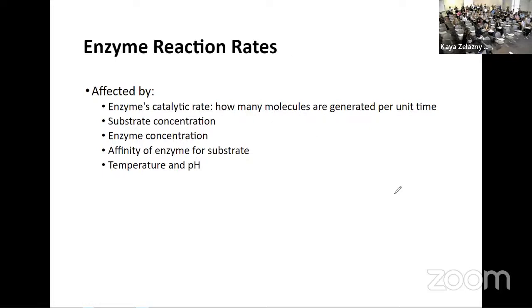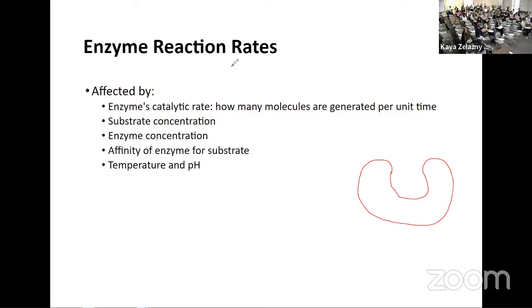The third one is the affinity of the enzyme for the substrate, referring to basically the fit between the enzyme and its substrate, so how well they fit together. Affinity is like, are they friends? Do they like each other?